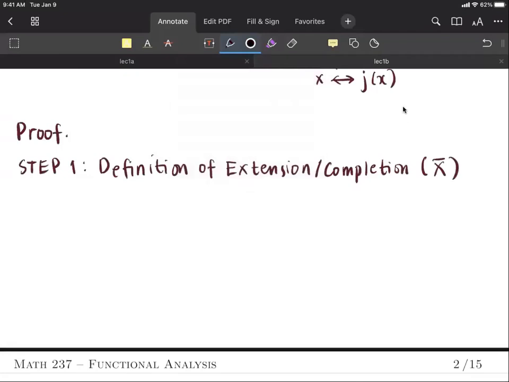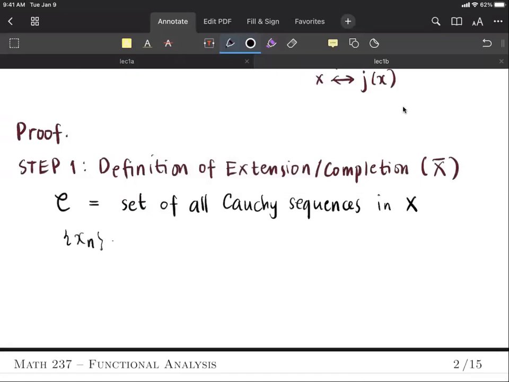Okay. So first, let us collect all Cauchy sequences in X. So this is the set of all Cauchy sequences in X. And on this collection, we will define a relation.